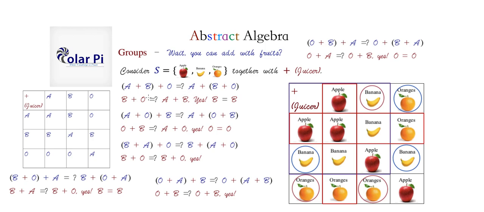A plus B according to the table: we have A here and B here, so A plus B in that order would be B. So I've replaced A plus B with B here, and then plus O. On the right hand side, B plus O is B, so the right hand side is A plus B. B plus O is B in the table, and A plus B is also B, so we have B equals B, and the associative property is met in this first case.